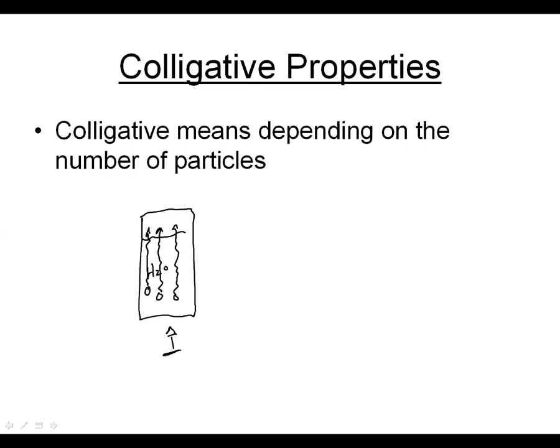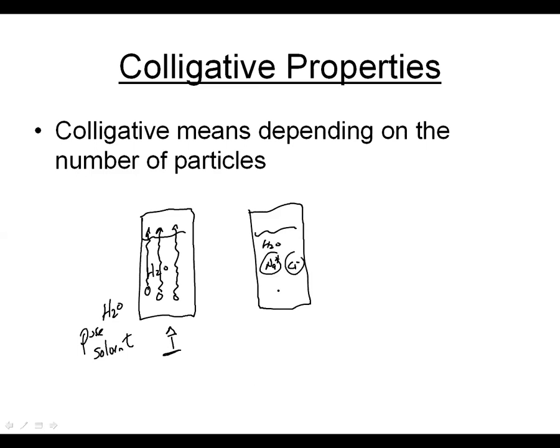But what colligative properties means is if you take something like water, for example, which is a pure solvent, and in addition to the water, you decide, I'm going to dissolve some sodium chloride in there. So you've got some sodium chloride in there.